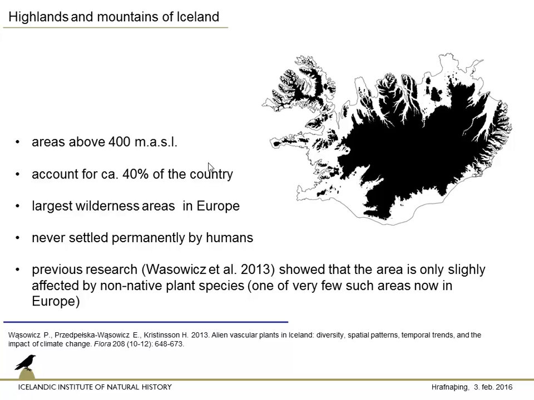We know that these are the largest wilderness areas in Europe at the moment. They have never been settled permanently by humans. And we also know from previous research that I published with my colleagues in 2013 that the area is only slightly affected by non-native plant species. And it's actually one of the very few such areas now in Europe.